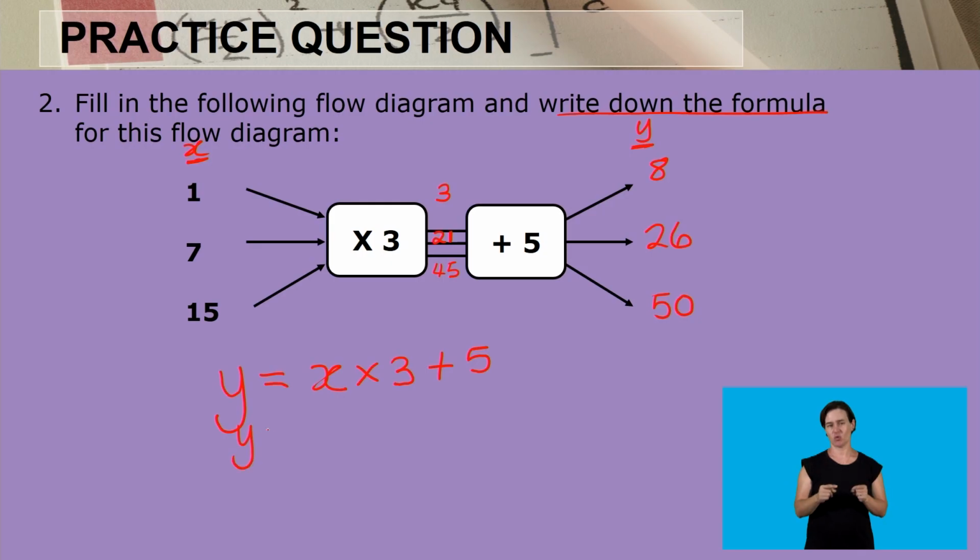And of course, we know that x multiplied by 3 is 3x. And then we added our 5. That's how we have found the formula of this flow diagram using symbols: y = 3x + 5. Let's go on to the next question.